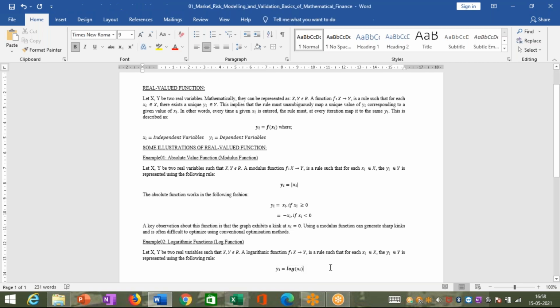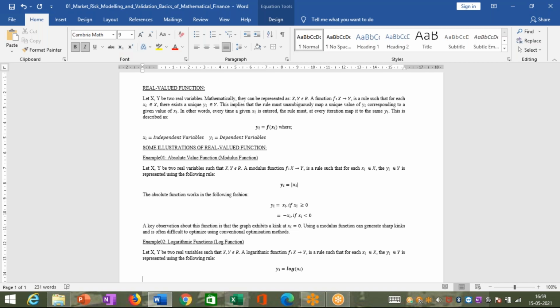Now with the log function, one very important thing is that the log function does not work on negative values, right? So if xi is less than 0, then log xi is undefined. You cannot define a log function on the negative side of the Euclidean space.